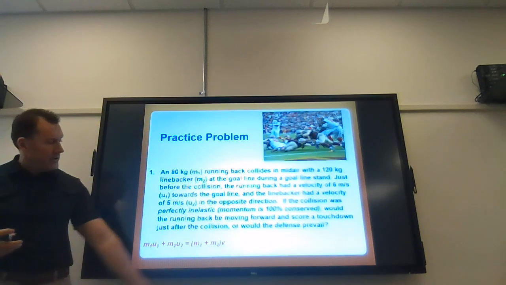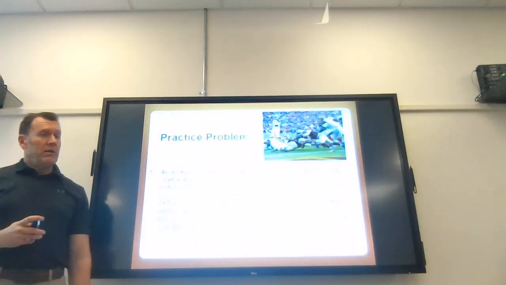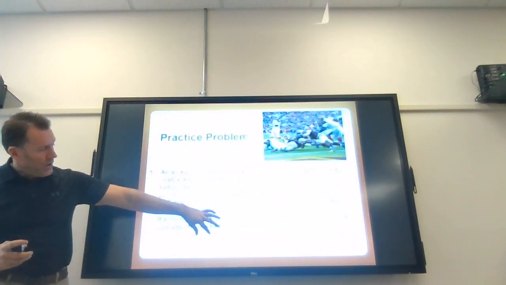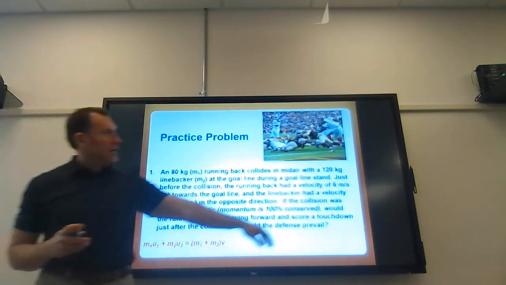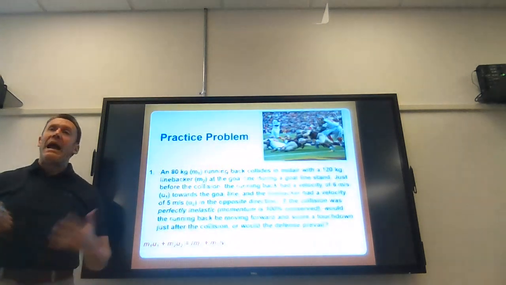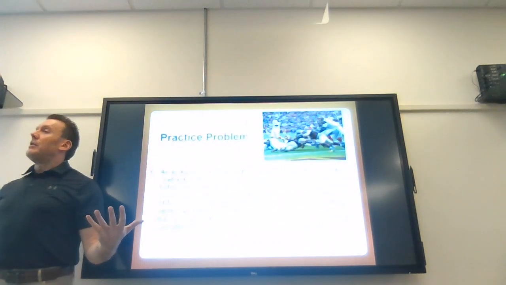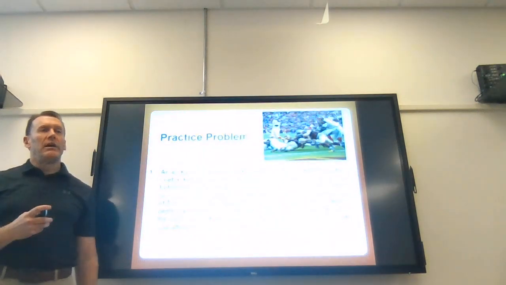So what you're looking to solve for is the post-collision velocity. So you would take mass 1 and mass 2, add them together, 80 plus 120. So you'd have a total mass of these athletes moving together after the collision of 200 kilograms.